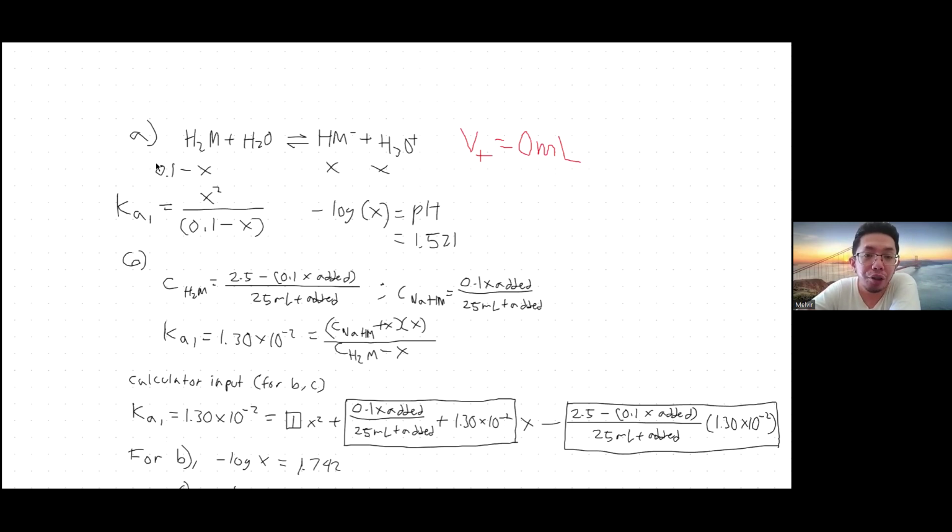For letter A, you have 0 ml added titrant. So therefore, what is the component of your system? Anong laman ng system mo? Malic acid lang po. Okay, so we only have malic acid.